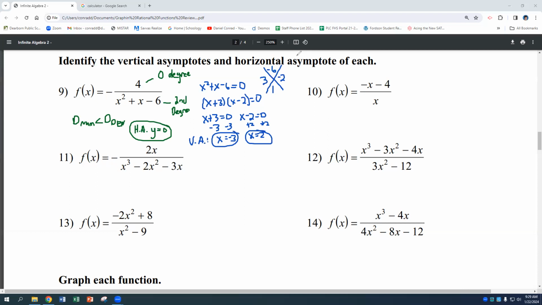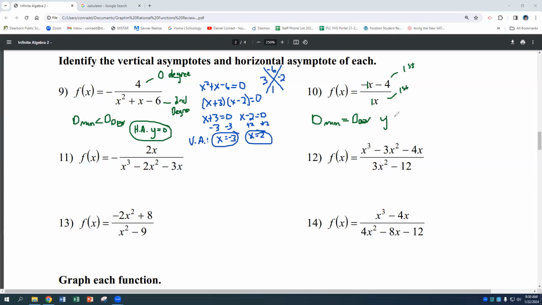All right, horizontal, we're going to look at the degrees again, right? So this is first degree. And this is also first degree. So the degree of the numerator equals the degree of the denominator. Therefore, we're looking at the ratios. So this is -1 over +1.